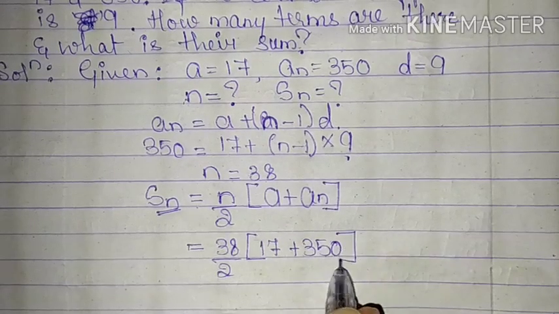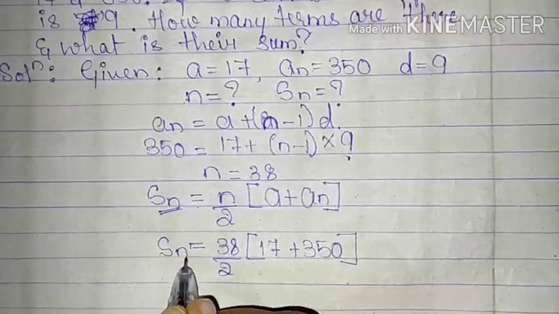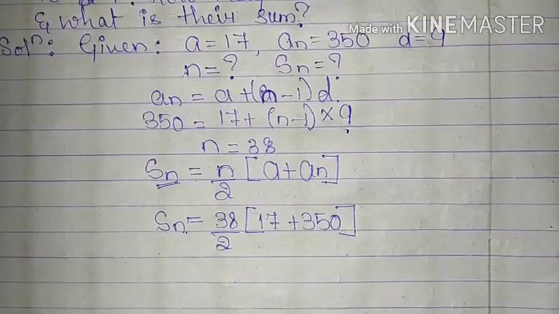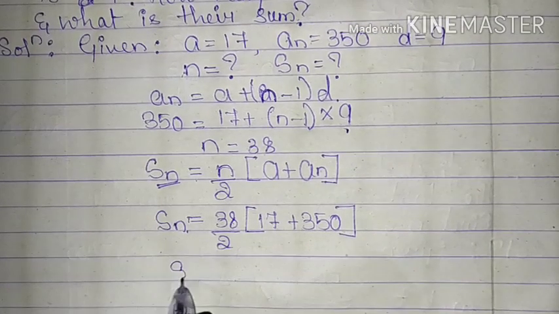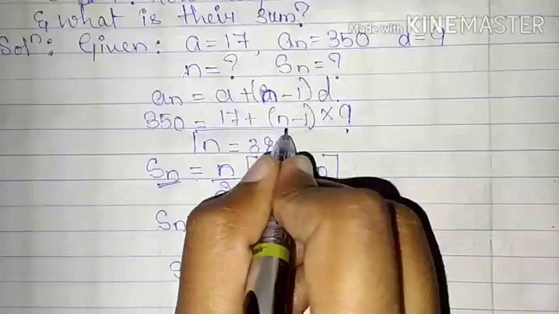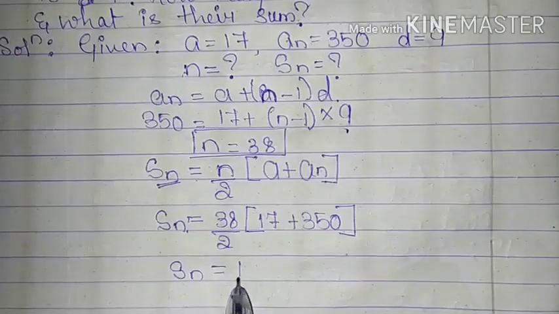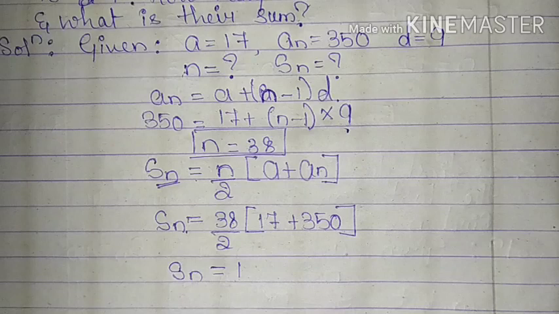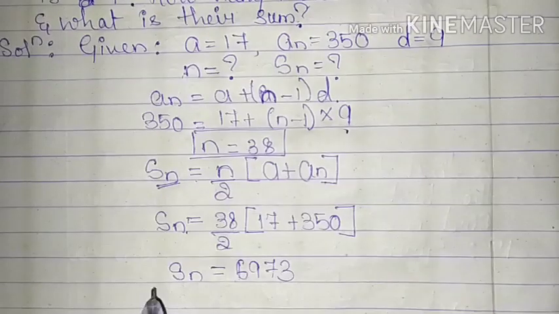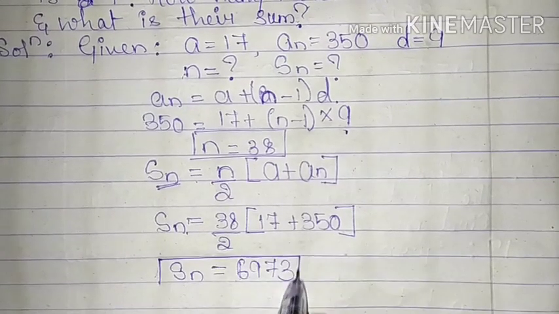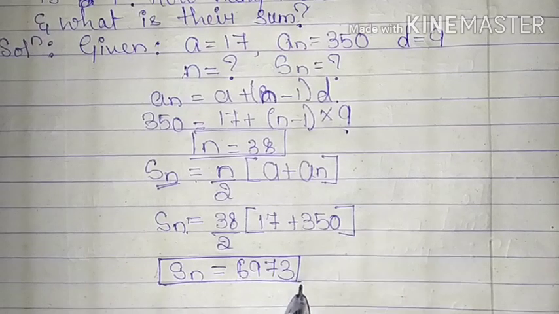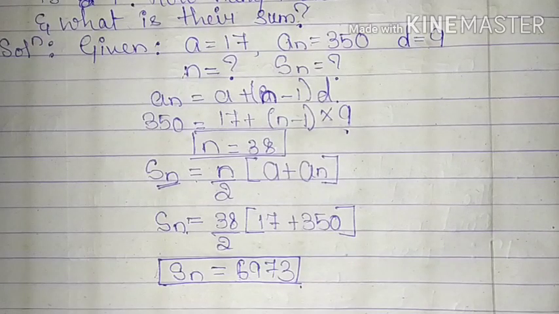Once again, pause the video and solve for Sn, and your Sn must be equal to 6,973. The value of Sn is 6,973. You have to solve for both n and Sn.